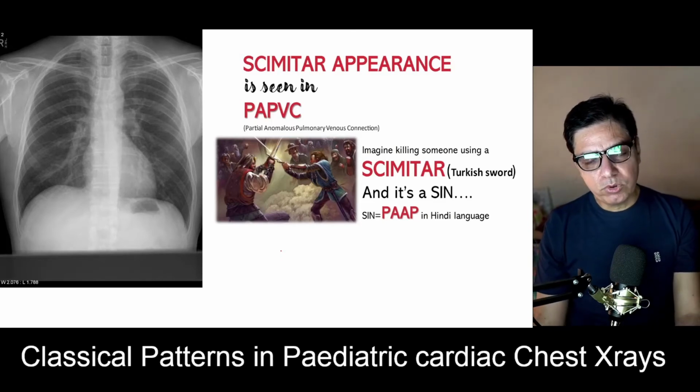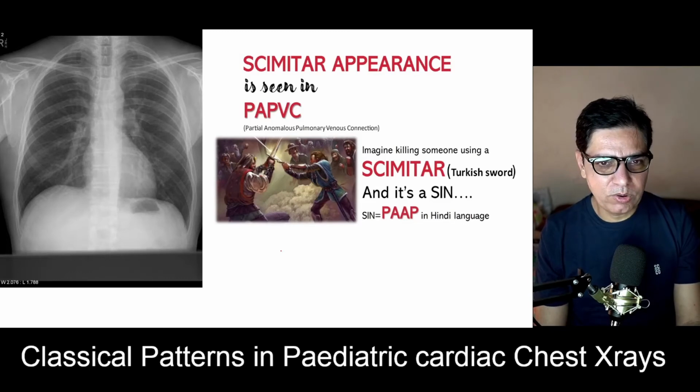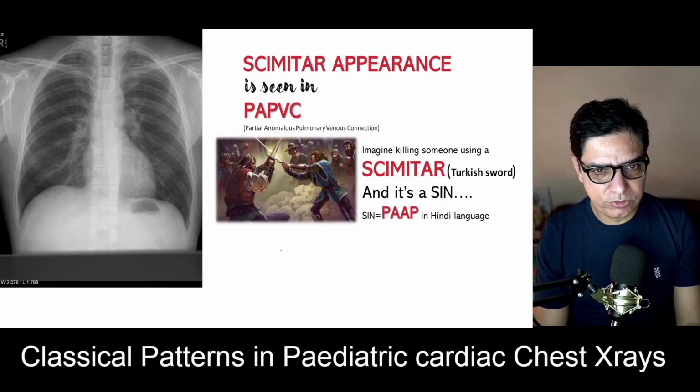Now, in most of these cases, depending on how many pulmonary veins are connected to the right side of the heart, you might just get a normal cardiac shadow with some pulmonary plethora. That may be the only finding. It is quite tricky, just like an ASD.